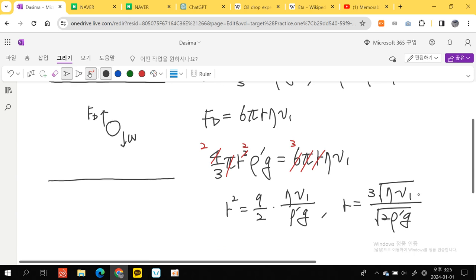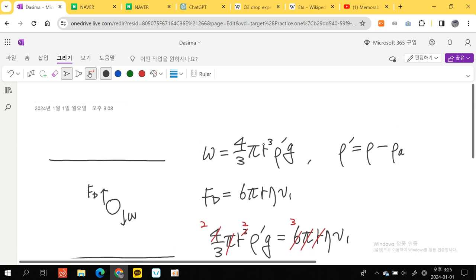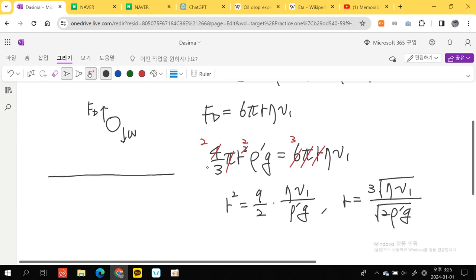And now we can substitute this expression for r to find the weight of the oil drop.